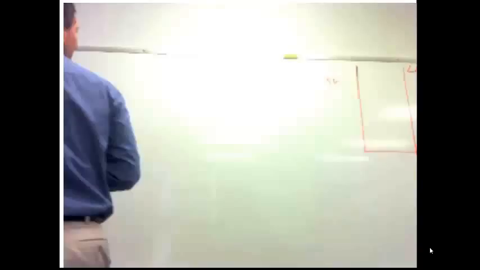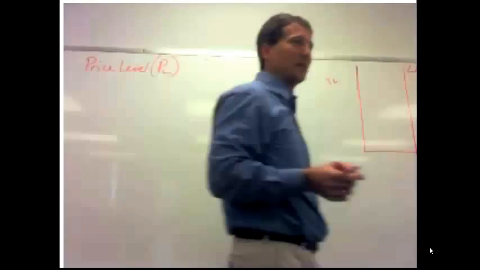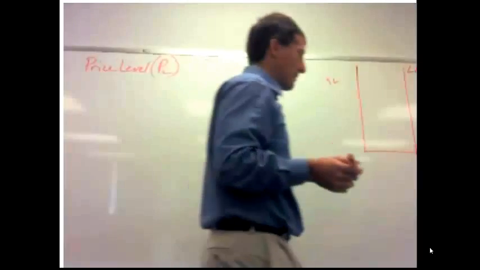Jake, you're up. Price level. What is the price level? Give me a definition of the price level. If Jake can't figure it out, we're going to go to you. So it is in your notes, I'm pretty sure, somewhere. So Jake, I'm putting you on the spot here, just without even looking at your notes. What's your gut feeling on price level?